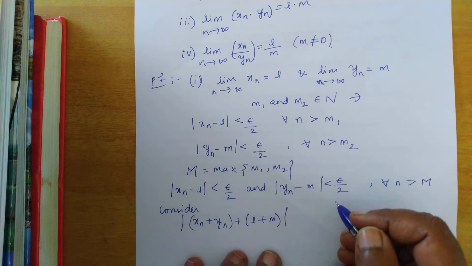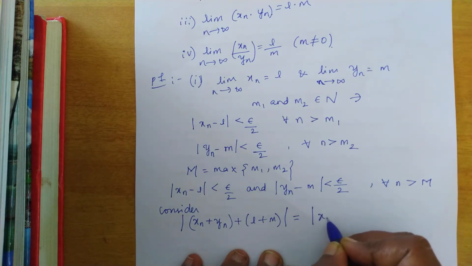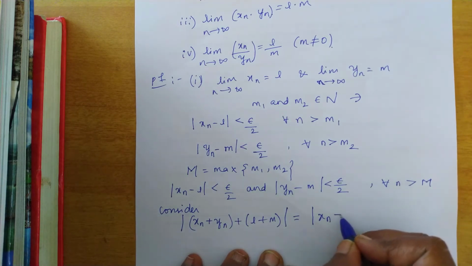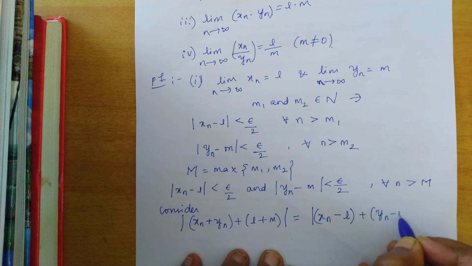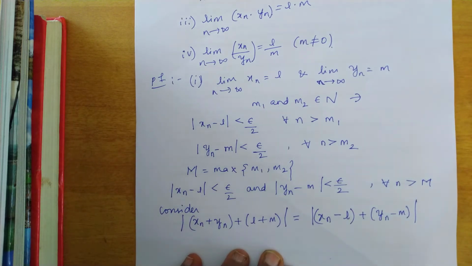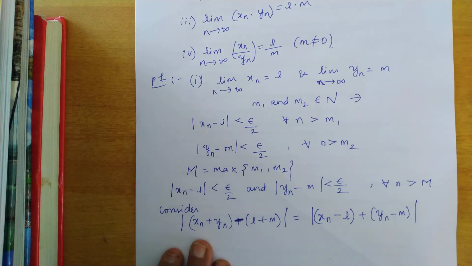That is equal to xn minus L plus yn minus M. Sorry, here it should be a minus sign. So xn minus L plus yn minus M.